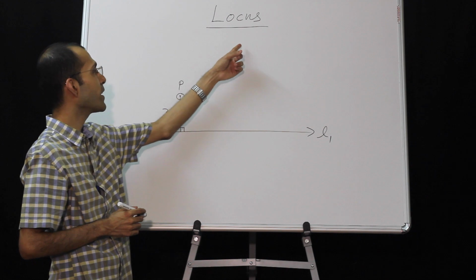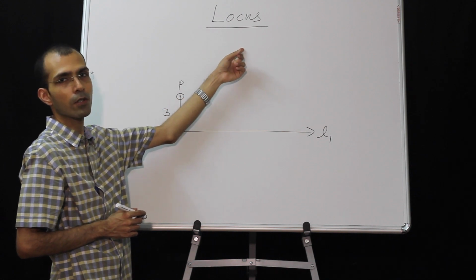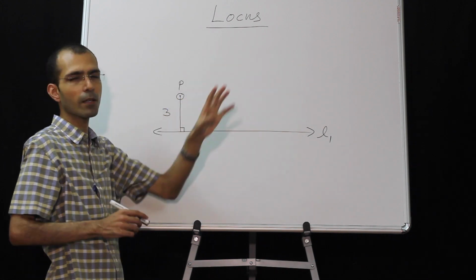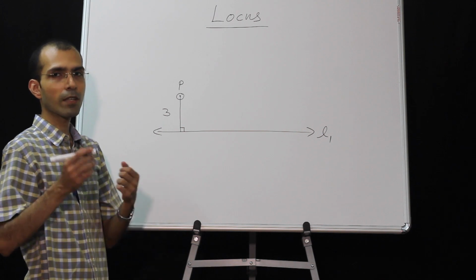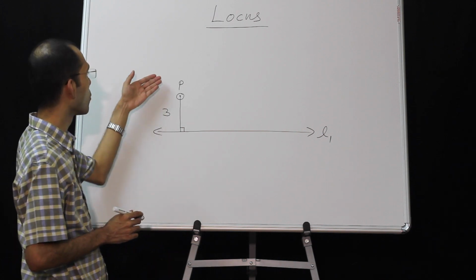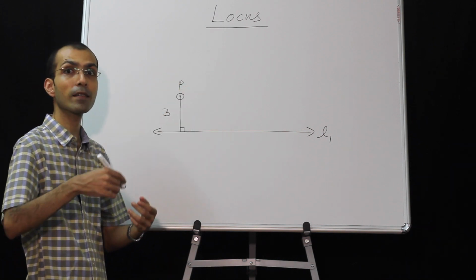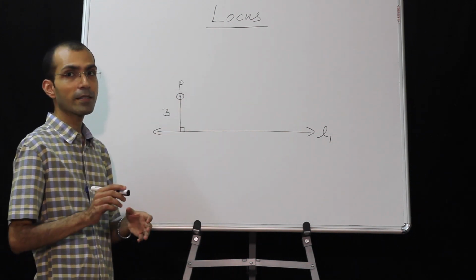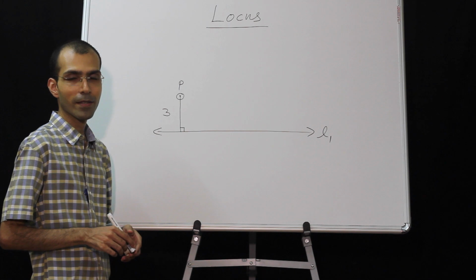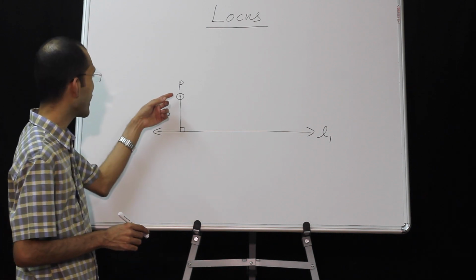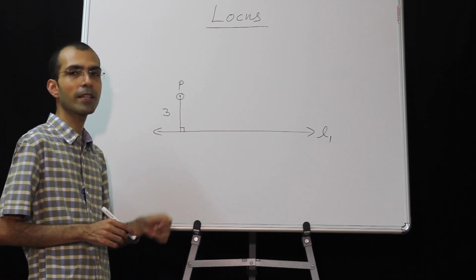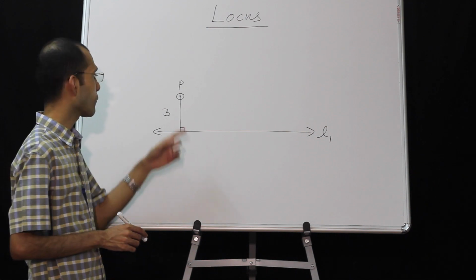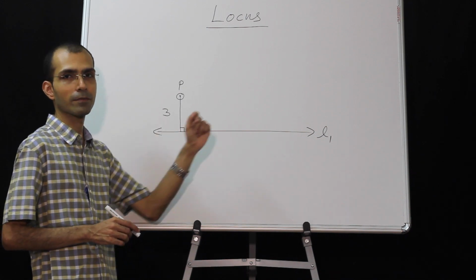Now can I take the point here? No. If I take this point P here, P is a moving point. What are we doing? We are trying to find the locus of this point P, path traced by this point P. But there is some condition imposed on it. What is that condition? It should be at a distance of say 3 centimeter always from the line L1.